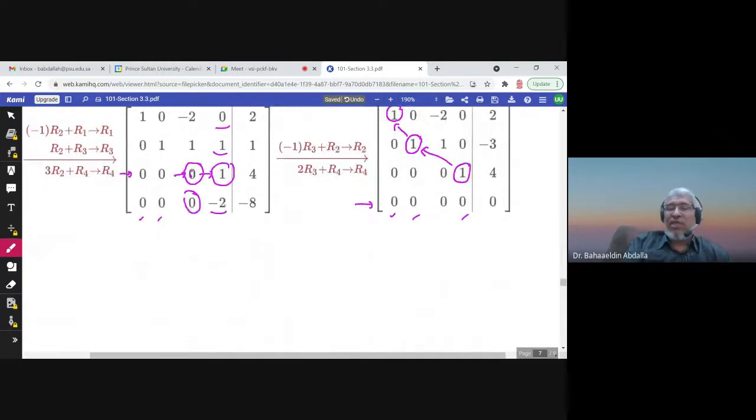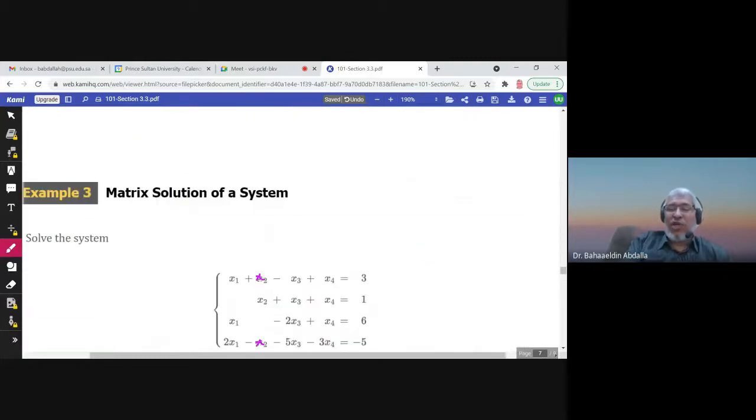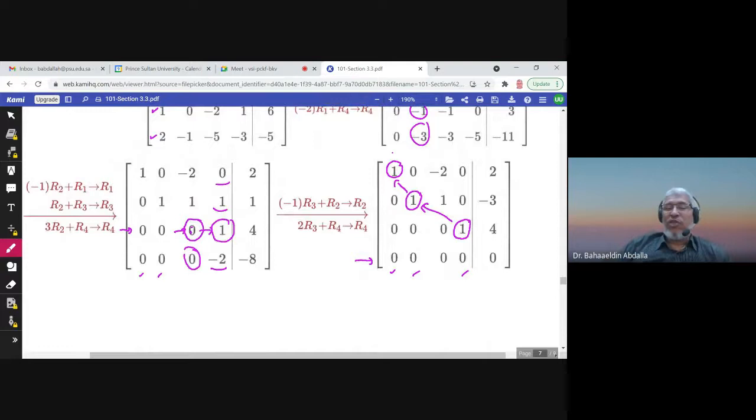So let us now write the equations to solve the system. So we have x1, x2, x3, and x4. These are the coefficients of x1, x2, x3, and x4. So what do we have? We have x1 times 1 minus 2 x3 equals 2.